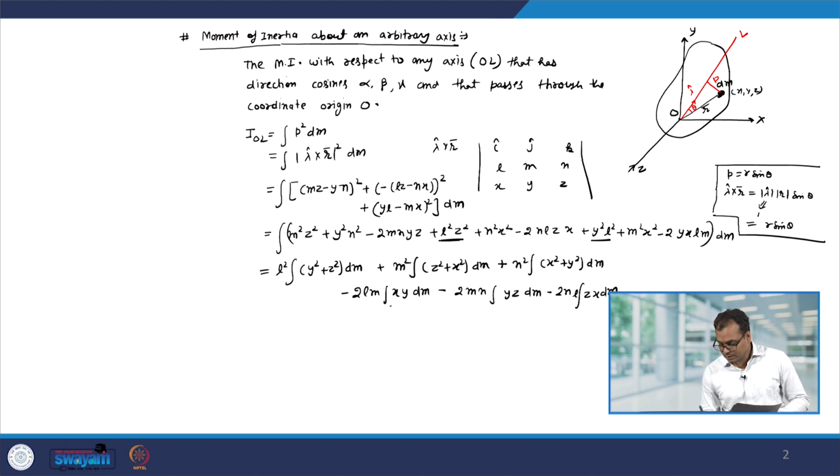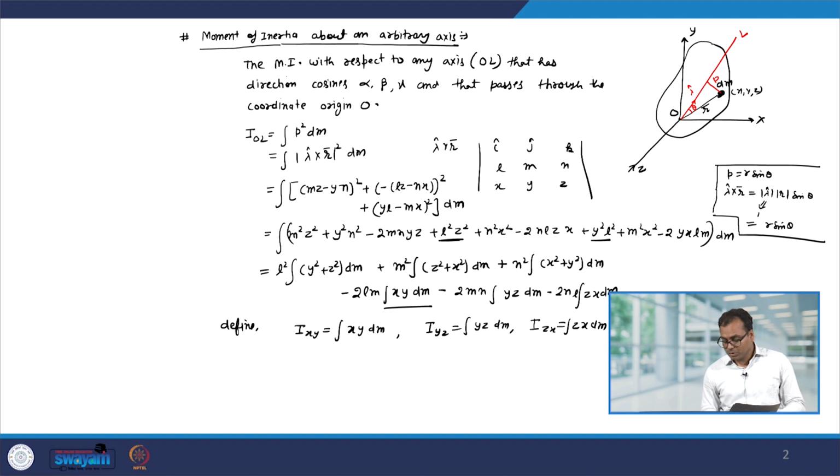Let me define this quantity Ixy equal to integral xy dm. Similarly, Iyz equal to integral yz dm and Izx as integral zx dm.